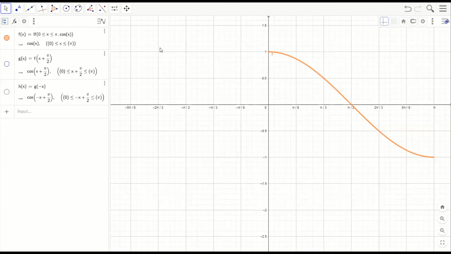If I translate by pi over 2 to the left, in other words, use the translation vector negative pi over 2, 0, we get the function g, as you can see here. And this is performing the transformations in order, so it's the translation horizontally first. And then once I've performed that transformation, I can then perform a reflection, which will give me the sine function. Now, the sine function is valid, and this is the important part, between negative pi over 2 and pi over 2, which matches the arccos range.